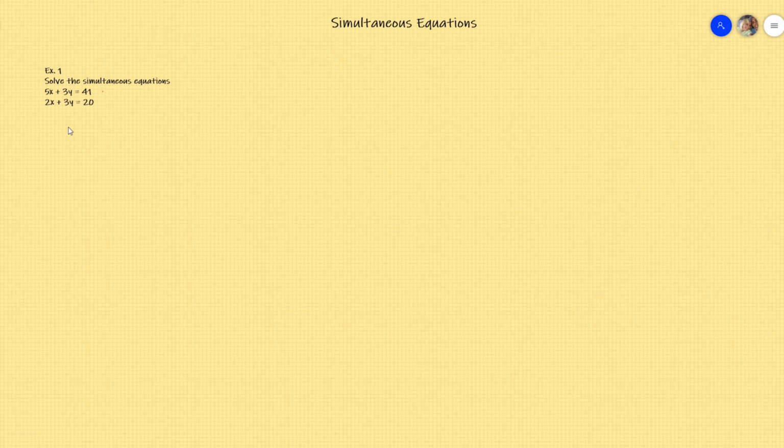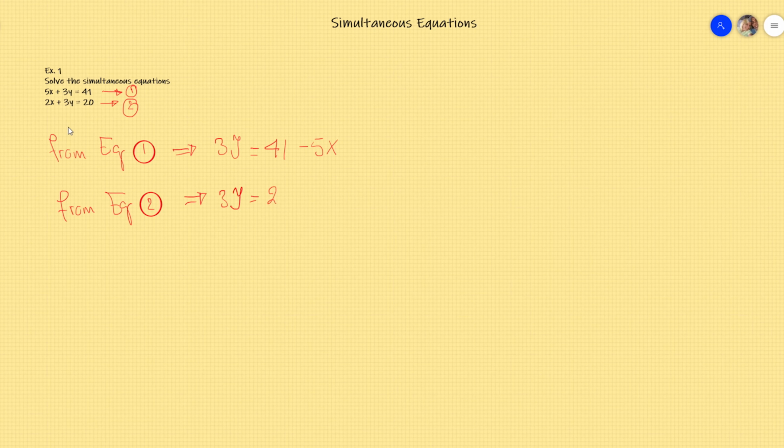So if we call this equation 1 and this equation 2, we could write from equation 1, 3y will equal 41 minus 5x, and from equation 2 we will get that 3y is equal 20 minus 2x.